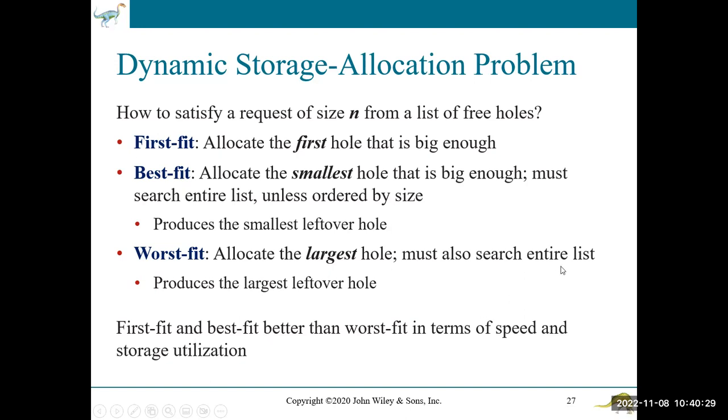I know this is kind of an obvious thing, but if you had a module assessment item that said, which of these is the least efficient in terms of utilizing available memory, and it's not the fastest either, you'd say worst fit.